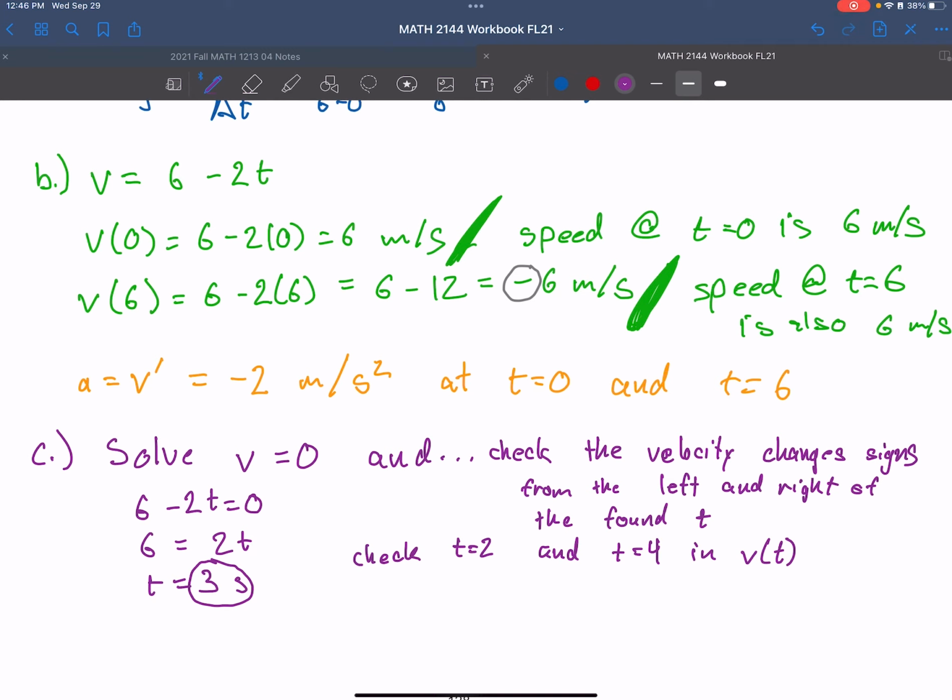So you can imagine a car, you could slow down, come to a stop at a stoplight, and that doesn't mean you change directions. If you did, the car behind you is not going to appreciate it. But we do want to check that.